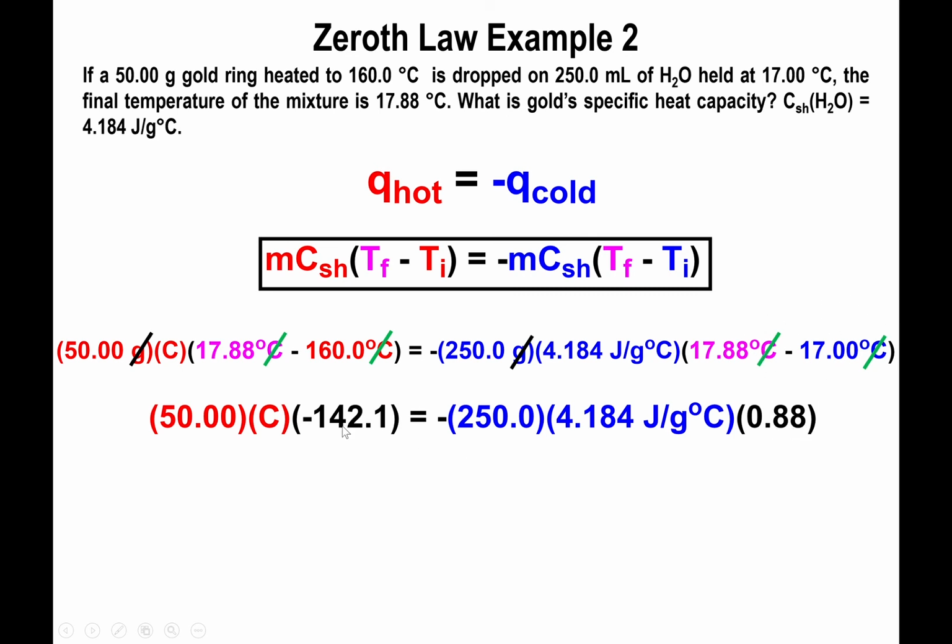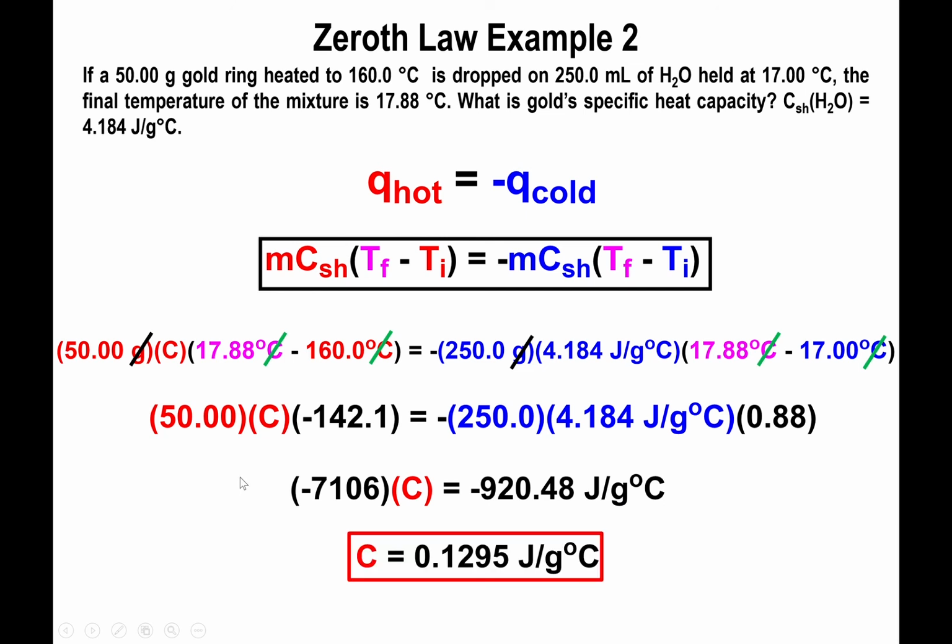Multiplying negative 142.1 by 50 yields negative 7106, and multiplying 0.88 by negative 250 and 4.184 yields negative 920.48 joules. So at this point, you just need to divide both sides by negative 7106, and you'll find out that the heat capacity is 0.1295 joules per gram degree Celsius.